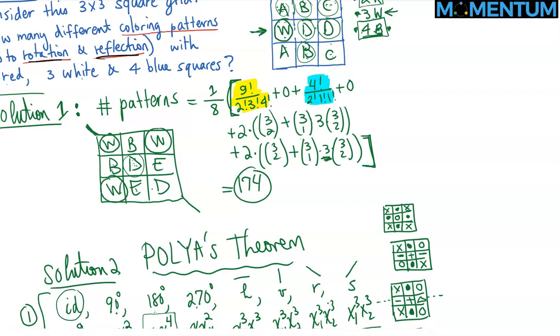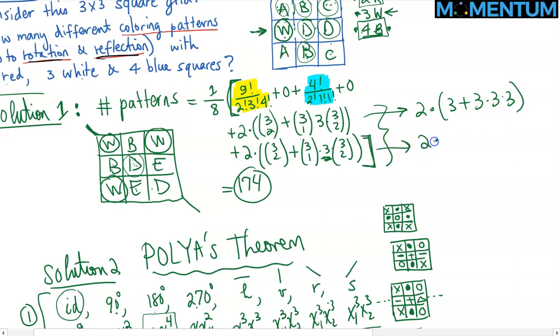Now finally, all we care about is calculating the remaining piece. The first term here will give us 2 times 3 plus 3 times 3 times 3, and this term will give us 2 times 3 plus 3 times 3 times 3. Inside the parentheses is 27 plus 3, which is 30. 30 times 2 is 60, and then we have 60 more here, so 120.